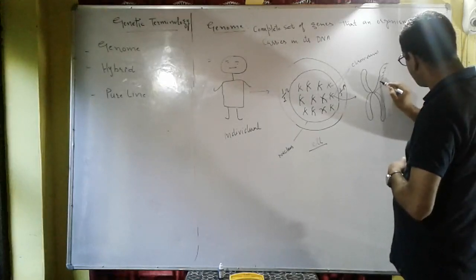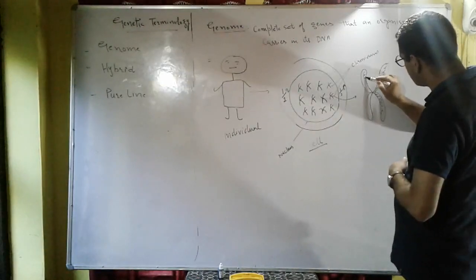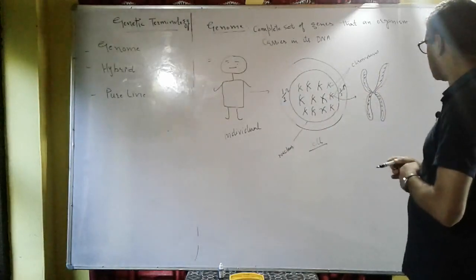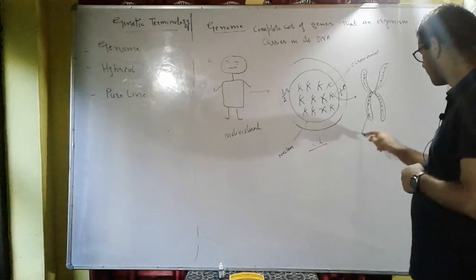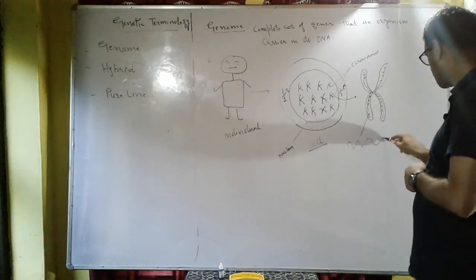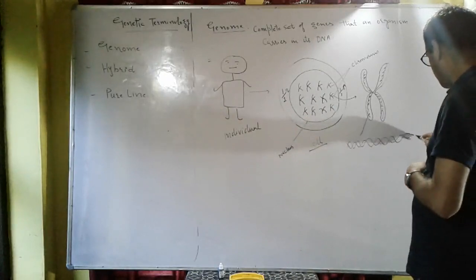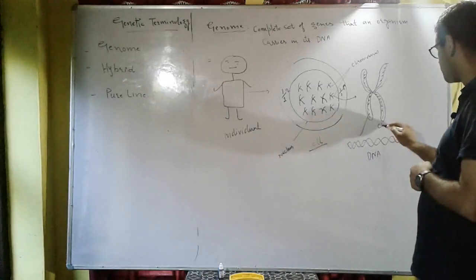This is the DNA molecule, DNA in a chromosome. So it would be like this. Chromosome.